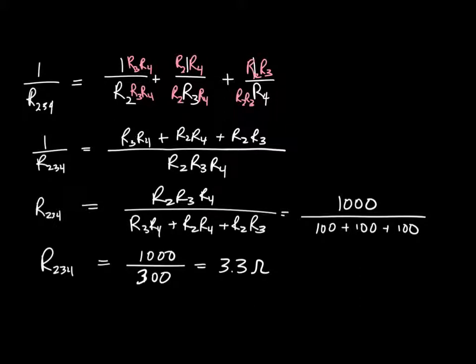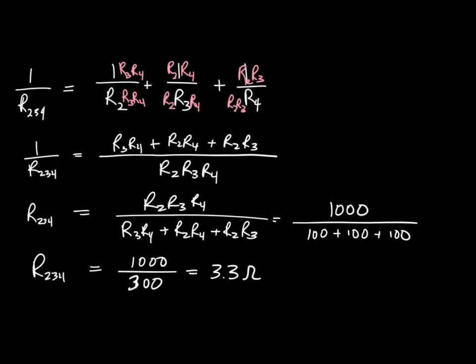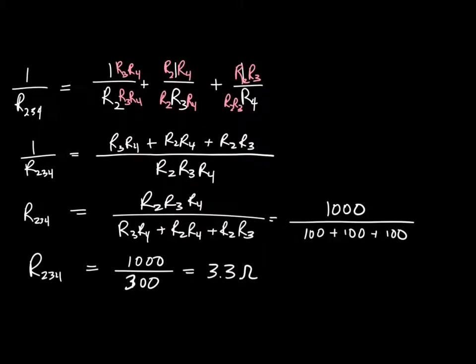And so what we said would be 33.3, that's impossible because the smallest resistor is 10. But 3.3 is definitely less than the smallest resistor.